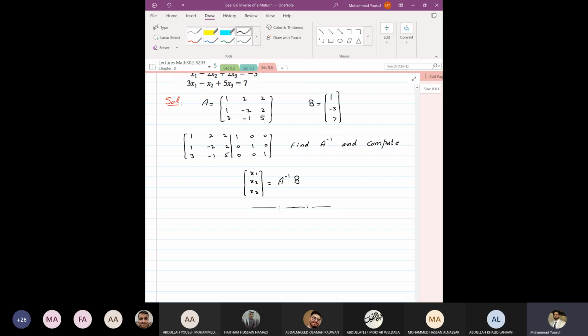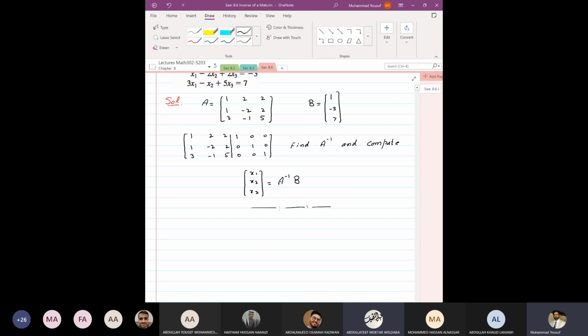In problems 53 up to 56, if you open your book on your screen, you can see that. Without solving, determine whether the given homogeneous system of equations has only a trivial solution or a non-trivial solution. Without solving means you find the determinant.